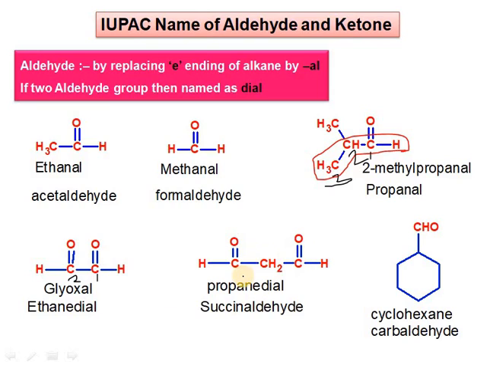Next example we have seen now. In this example, three carbons are there, like this one, this is two, and this is the third carbon. So this is 1, 2, and 3. The parent name is propane. But also in this example, two aldehyde groups are there. So what do we use, dial or trial?